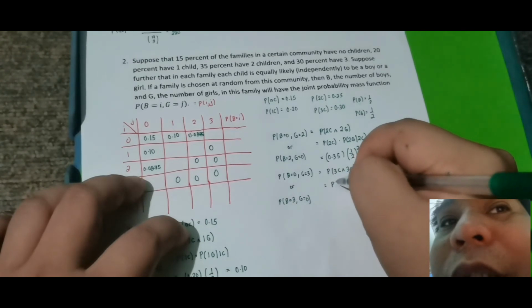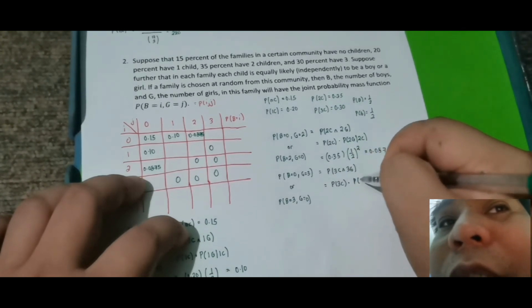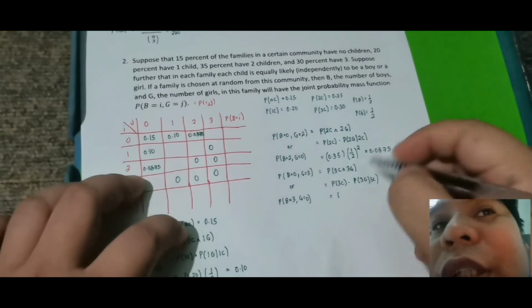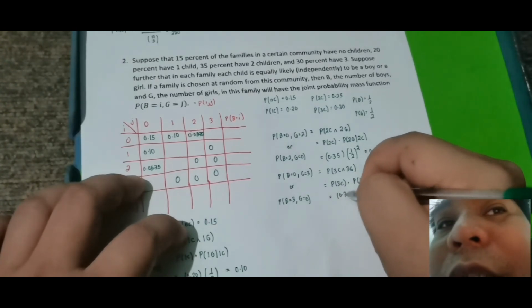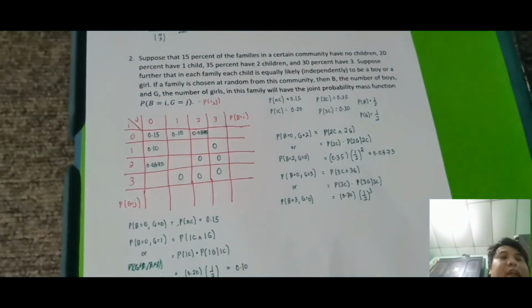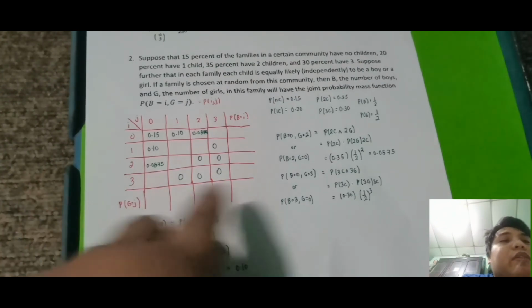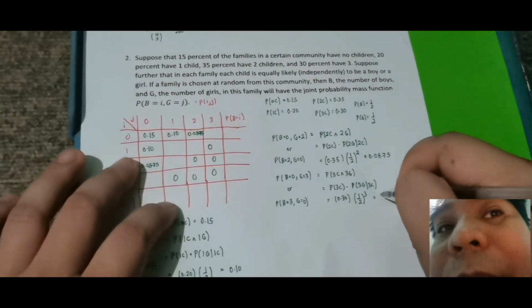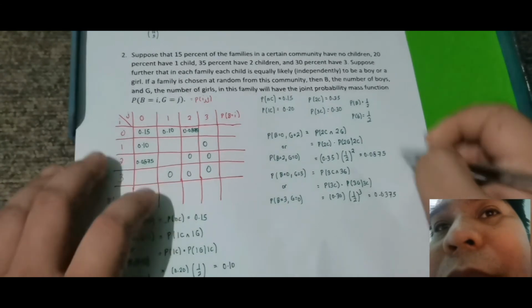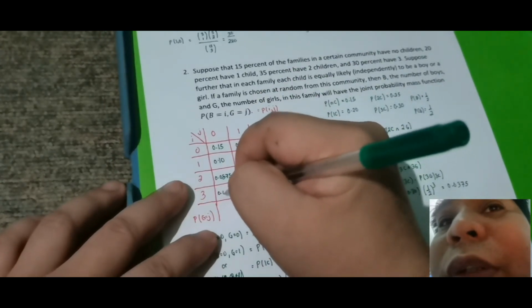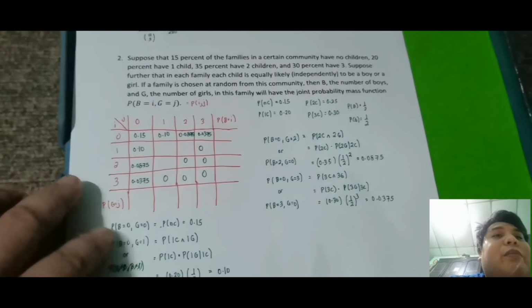So this is just equal to the probability that there are three children multiplied by the probability that there are three girls, given that there are three children. So similarly, this is 0.35, 0.3, so this is 0.3. Okay, multiplied by 1/2 still, but it's raised to 3. Okay, so we're clear on that, I hope. It's raised to 3 because there are three children. So simply this is equal to 0.0375. Okay, so this is 0.0375. Sorry, I can't really make it fit. I'm doing everything I can to make it fit.